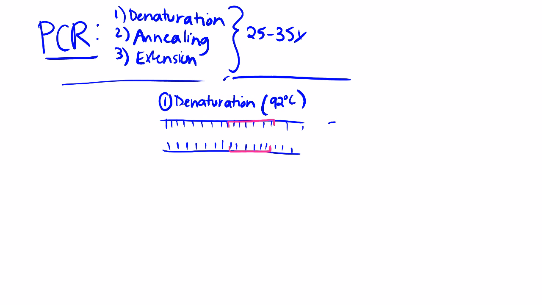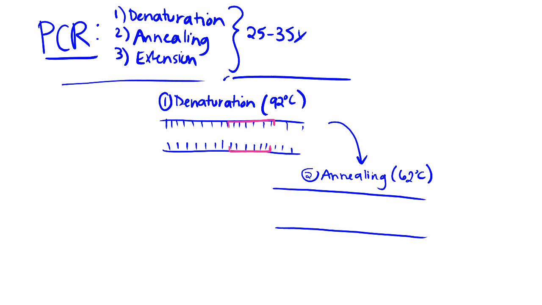Now our second step occurs, annealing. Annealing occurs once the PCR cools down a little bit to about 62 degrees Celsius. And during annealing, the gene sequence that we're trying to amplify kind of gets targeted.